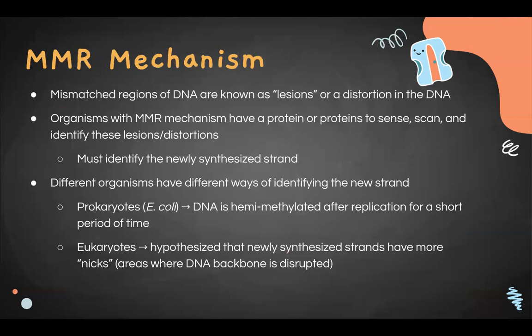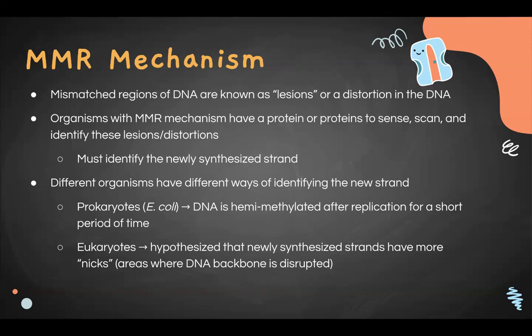Okay, and then prokaryotes and eukaryotes have different ways of identifying which is the template strand and which is the parental strand. In prokaryotes like E. coli, during DNA replication, the DNA is hemimethylated, so the template strand has methyl groups at certain sequences.